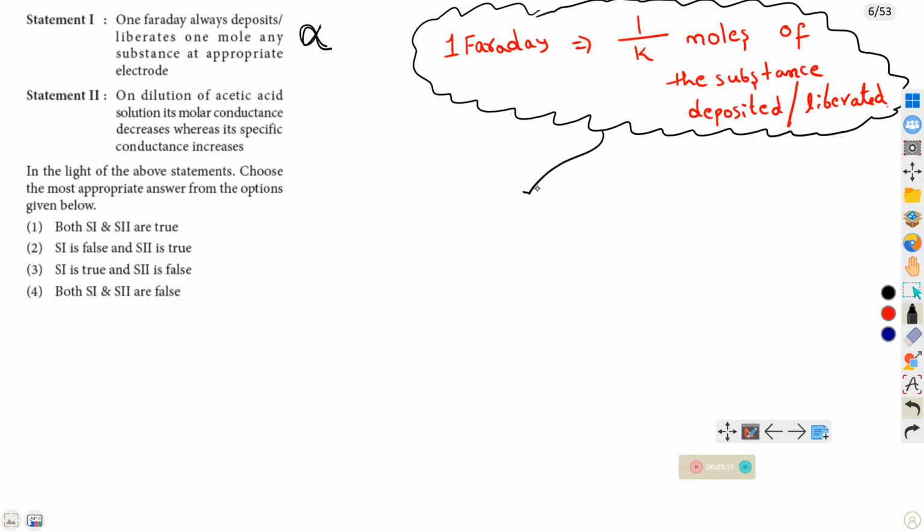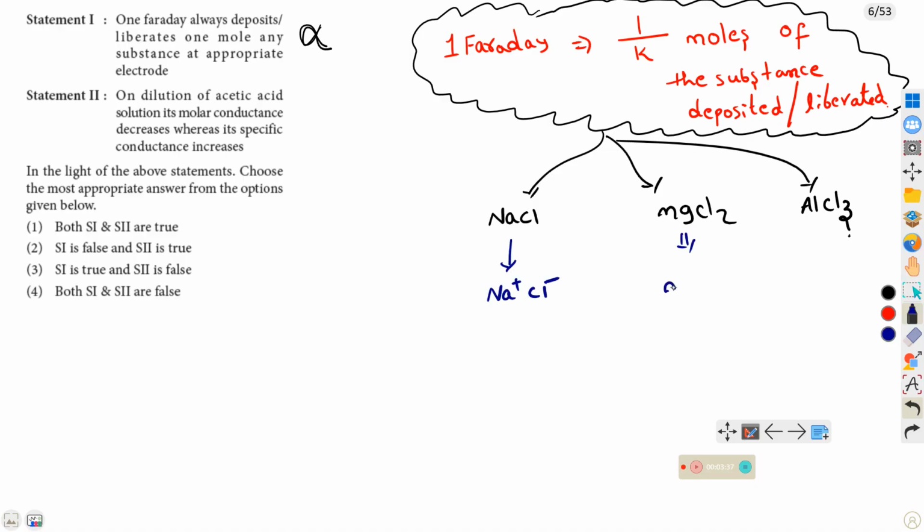Listen, if we pass 1 Faraday of current through NaCl, MgCl2 and AlCl3, then NaCl dissociates into Na+ and Cl-, MgCl2 dissociates into Mg2+ and 2Cl-, AlCl3 dissociates into Al3+ and 3Cl-.